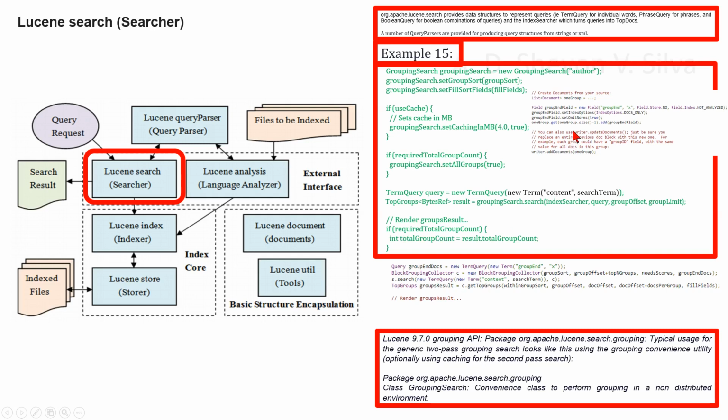To use the single pass block grouping collector, first at indexing time you must ensure all the docs in a group are added as a block, and you have some way to find the last document of each group. One simple way to do this is to add a marker binary field.